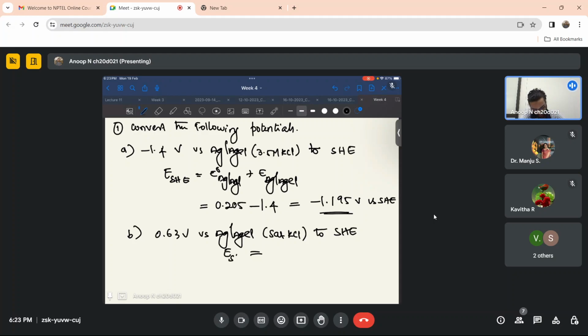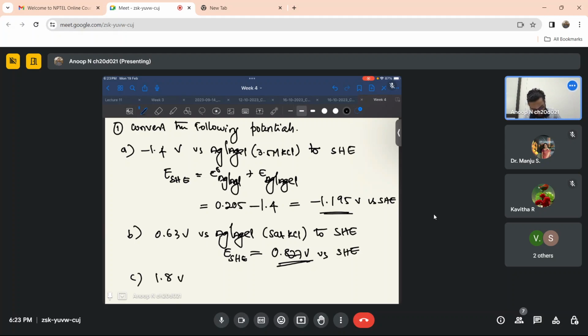E_SHE is equal to, please comment the answer once you are done. This part will move faster. 0.827 volt, yeah, correct. Versus, always write what is the reference. Then see the next question. We'll move faster.